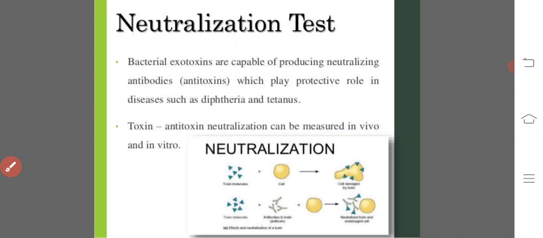Here, the neutralization tests. Bacterial exotoxins are capable of producing neutralizing antibodies, antitoxins, which play a protective role in diseases such as diphtheria and tetanus. Toxin antitoxin neutralization can be measured by in vivo as well as in vitro methods.